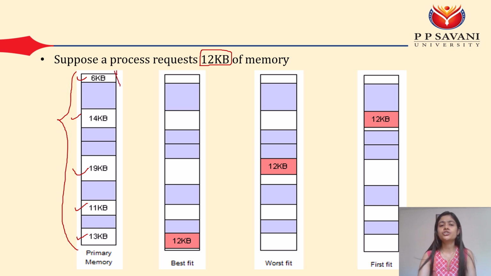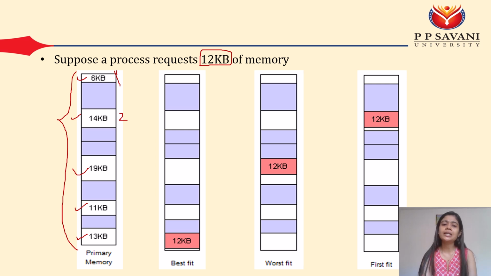The first free partition is 6 KB, which is not sufficient to store this particular process. So let's move to the next free partition, which is 14 KB. If I allocate this process in 14 KB, how much memory is going to be unutilized? 2 KB is going to be unutilized. After that, the next partition is 19 KB.